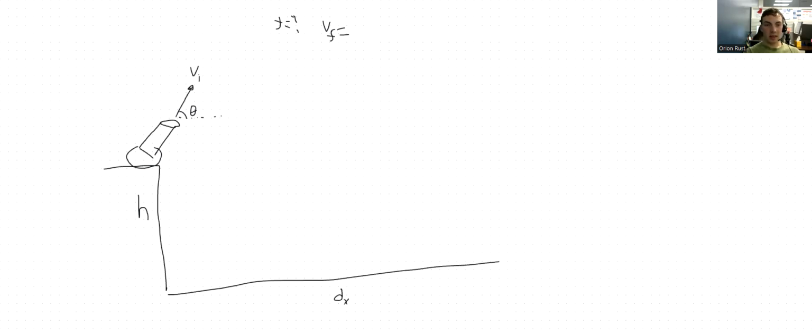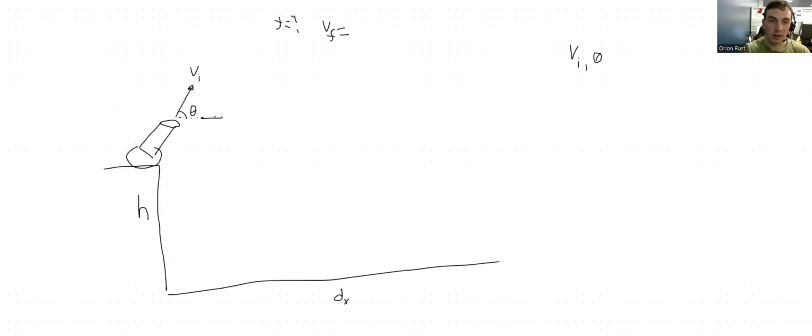So there's a lot of things that we can go off of just based on our two givens, which is our initial velocity and our theta. We can do so much with our kinematics equations. In this instance, it would be wise to break down, in physics, a lot of the times when we have a force or a motion at an angle, it's good to break it down into different components.